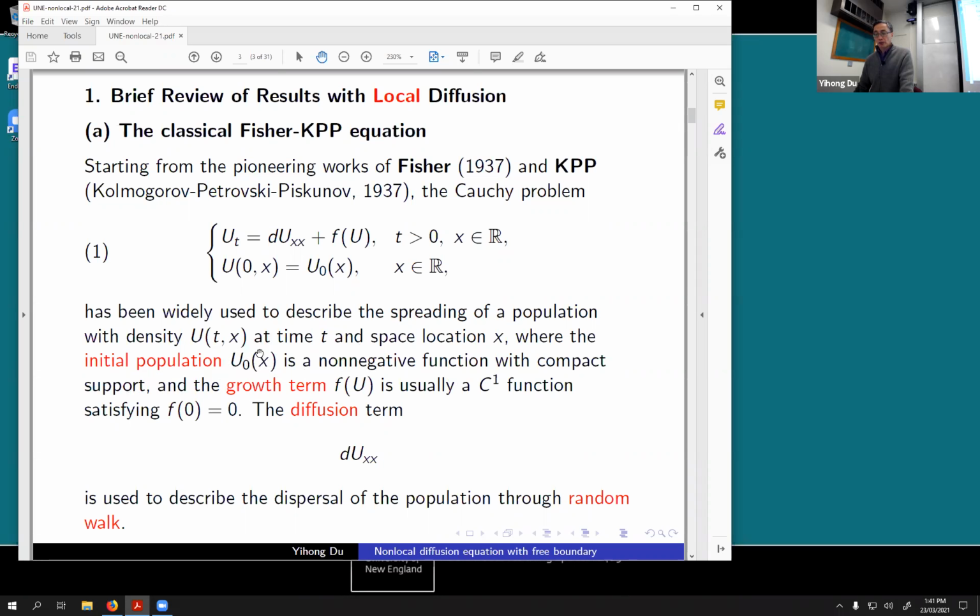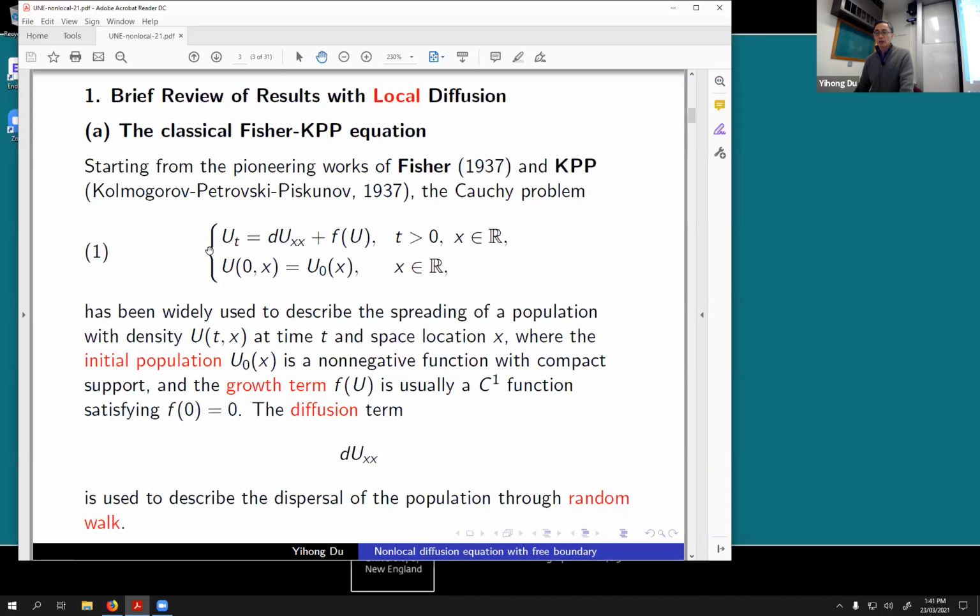And they want to know, well, what happens when t is greater than 0? In particular, when t goes to infinity, what happens to this population? And of course, this depends on the choice of your function f here. This is in general a nonlinear function, C1, with f(0) equals 0. And in biological terms, this represents the growth function.